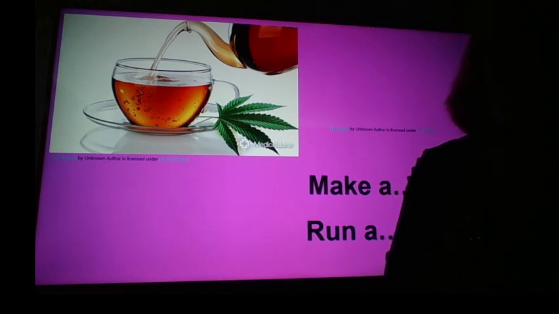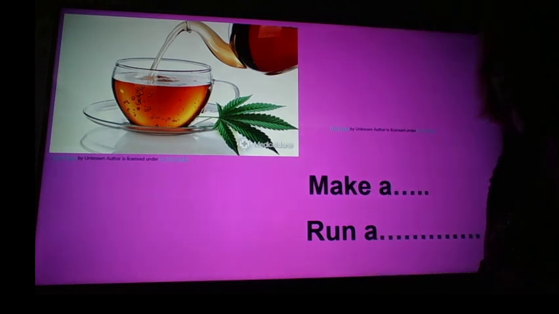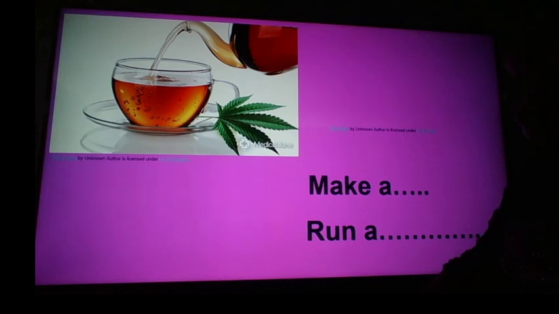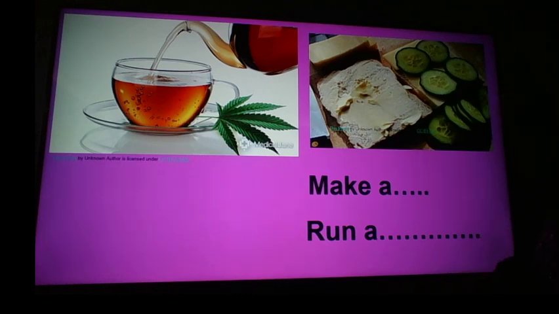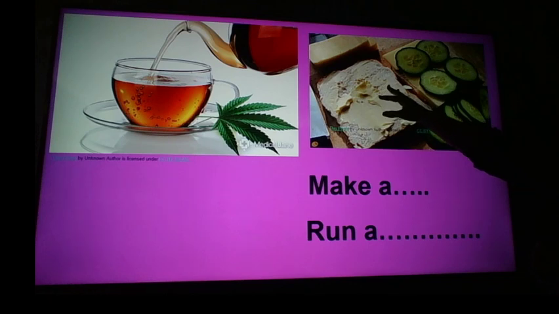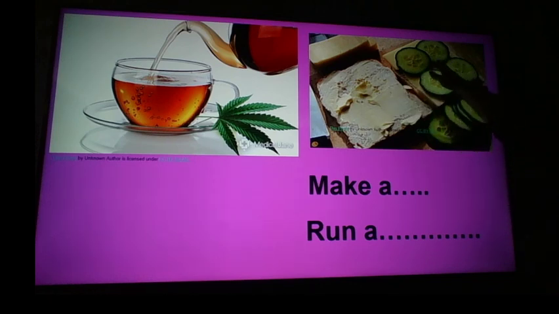How are you? So make a cup of tea, I think, don't you? Make a cup of tea. What about the next picture? So the next picture is actually, let me see. I've got some bread there and some butter spread on the bread. And I've got cucumber slices.